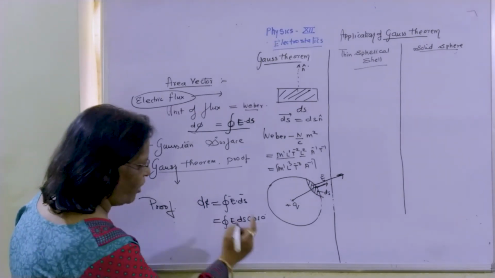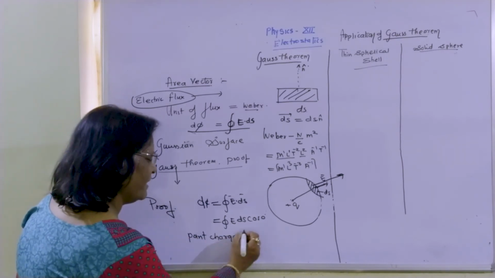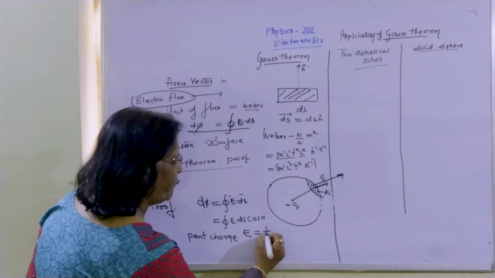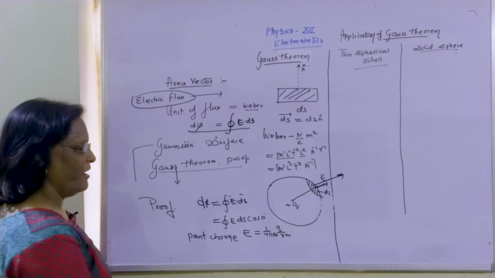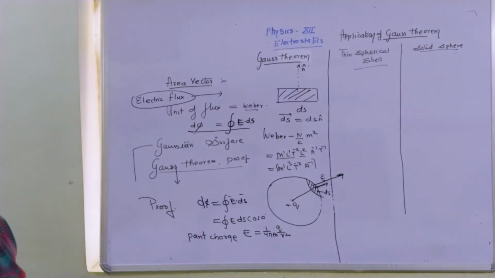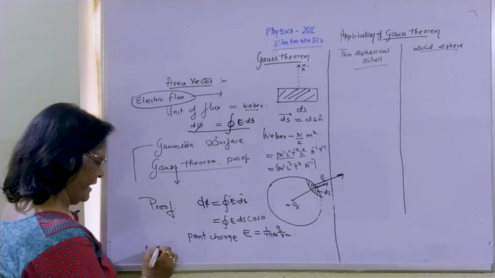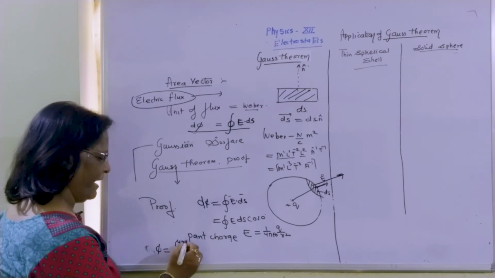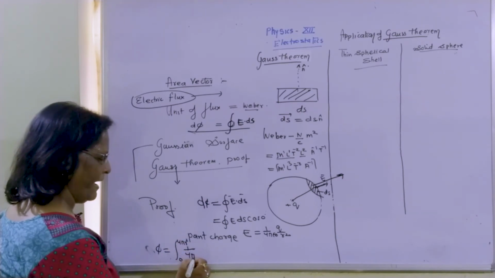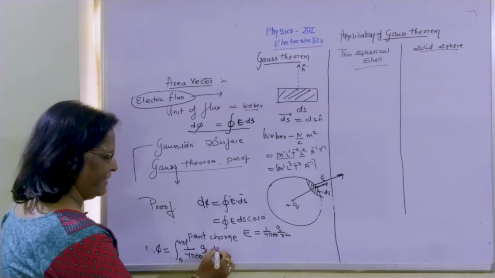So finally, and also for point charge, E is equal to 1 upon 4 pi epsilon 0 q upon r square. We will substitute the value and we will integrate the term. So when we substitute the value, we will get here phi equals to integral from 0 to 4 pi r square of 1 upon 4 pi epsilon 0 q upon r square, and here ds.